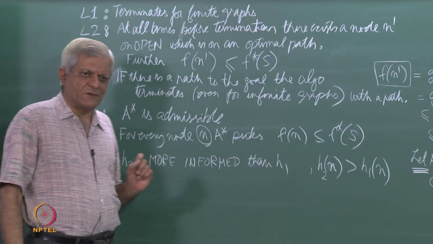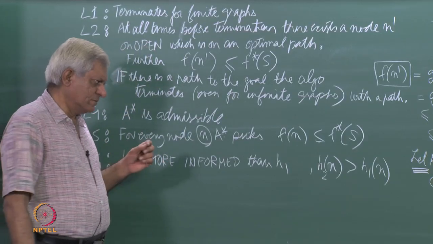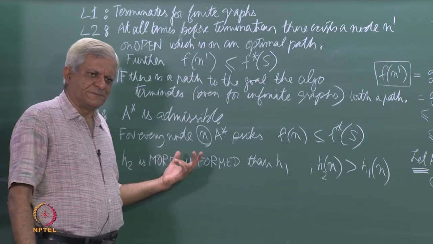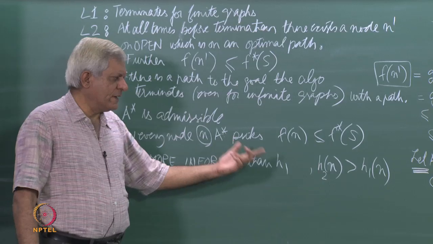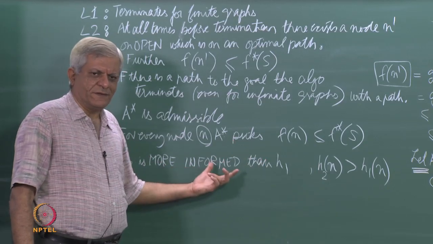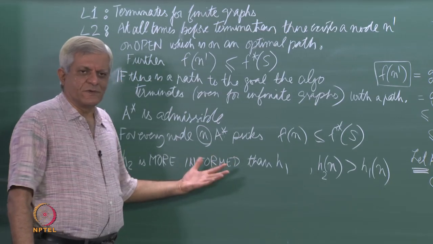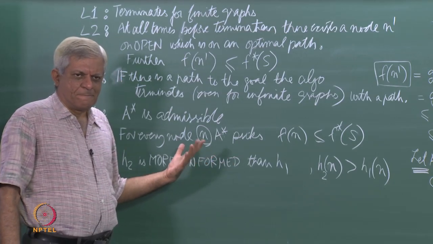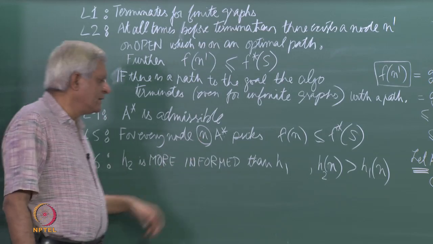So, if the heuristic value H2 is greater than H1 of n, then we say that H2 is more informed. Just a definition.